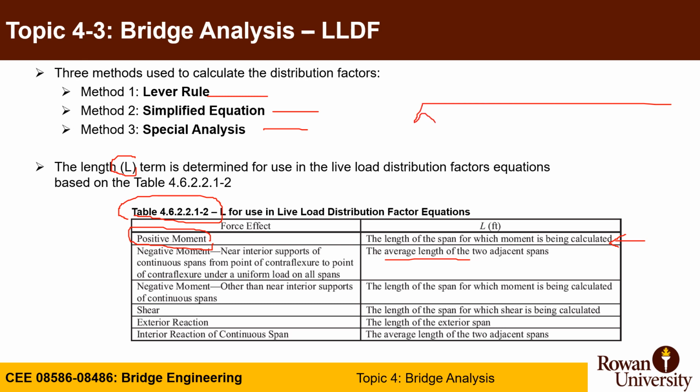So for example, if we have a two span bridge and you calculate the distribution factor for positive moments, you take this span as your L1. But for negative moment, you have to take the average of span 1 and span 2.